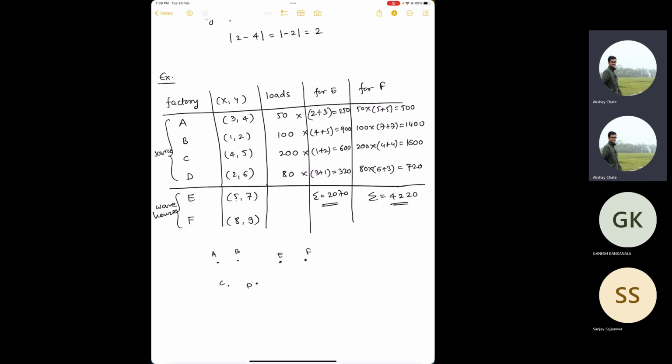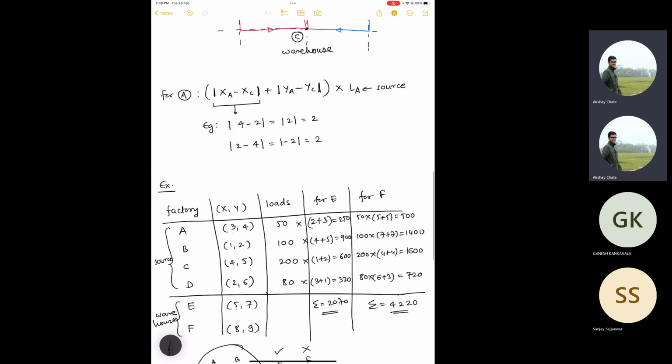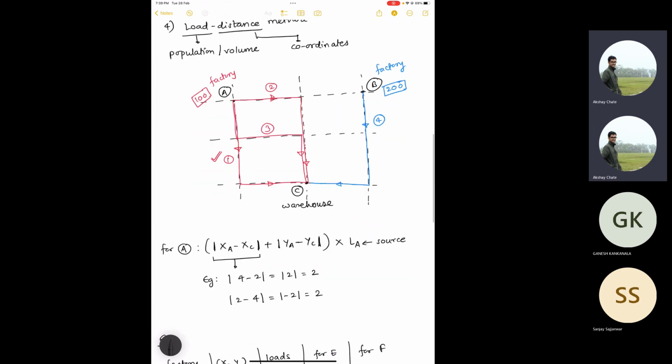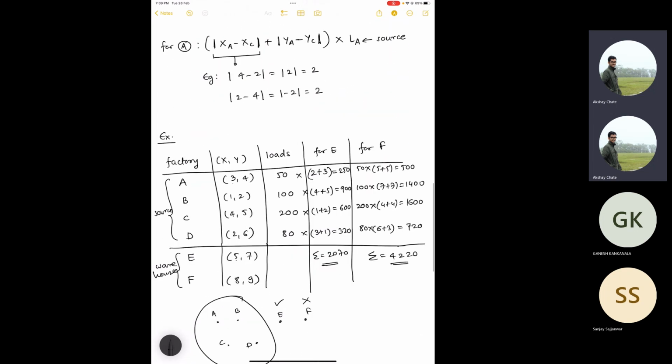That means warehouse F is quite far from your set of factories. Our objective in the load distance method is to minimize the movement of load and distance. Therefore E will be a better choice and F is a far warehouse, so you will not take that one. I hope this makes the discussion clear.